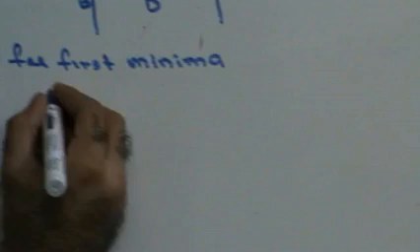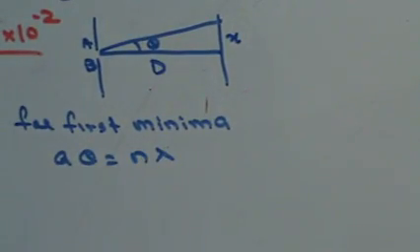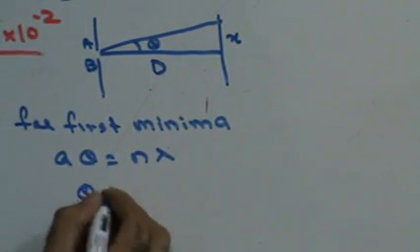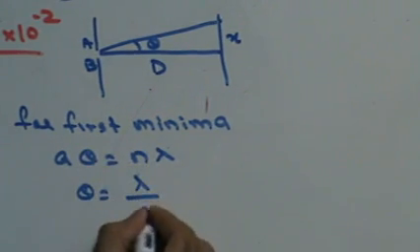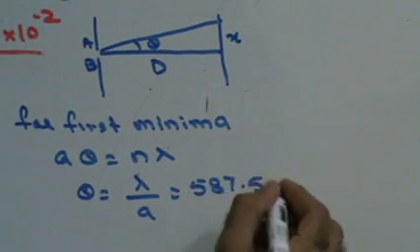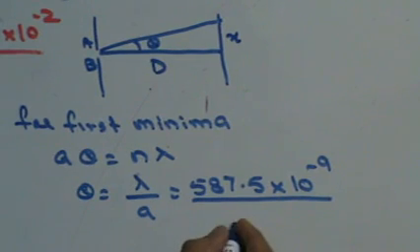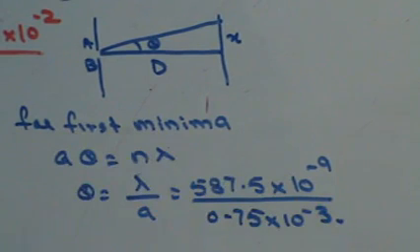So in that case, I can say that a theta is n lambda, right? N is going to be 1 because this is first minima. So in which case theta is going to be lambda upon a. Lambda is 587.5 into 10 raised to minus 9 upon a, 0.75 into 10 raised to minus 3, right?